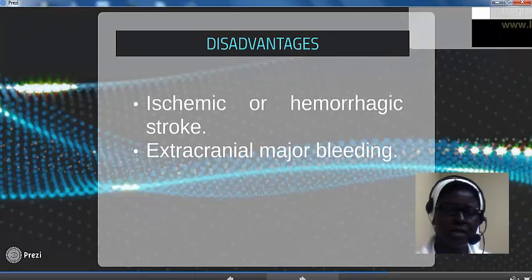Disadvantages: ischemic or hemorrhagic stroke, extracranial major bleeding.